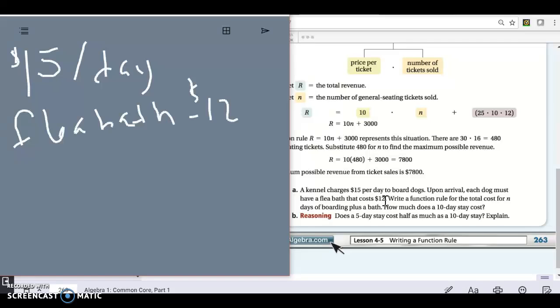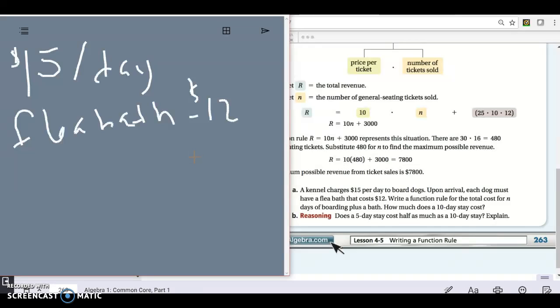How much does a 10-day stay cost? All right, so we're just talking about the dogs, right? So first, oh goodness, my handwriting.